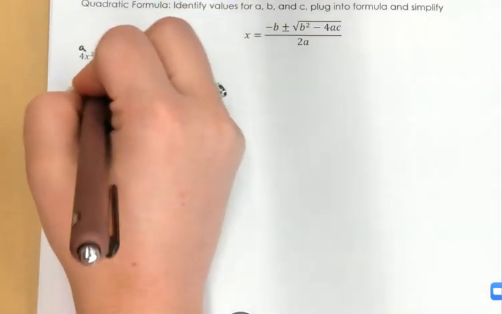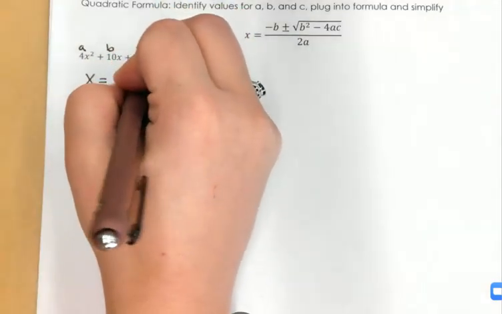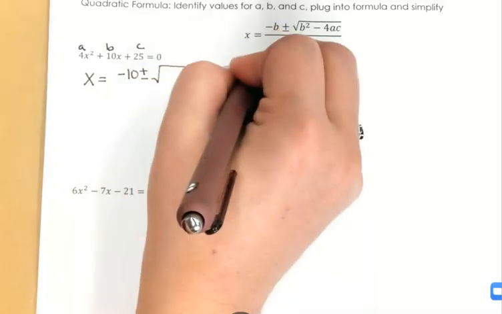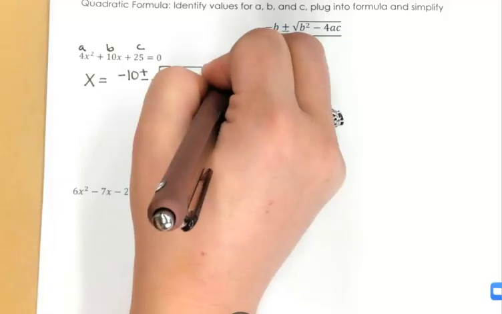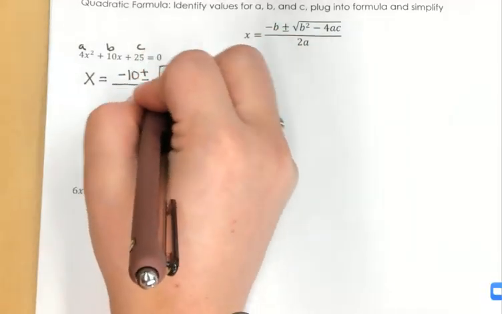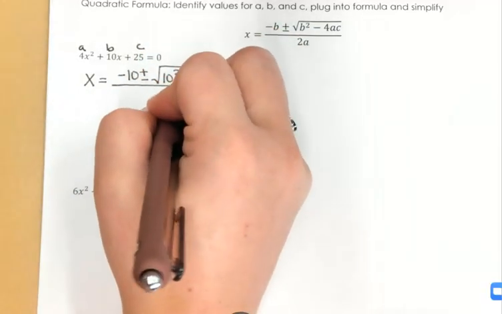So if I want to solve this, x is going to be equal to -10 plus or minus the square root of 10 squared minus 4 times 25 all over 2 times 4.